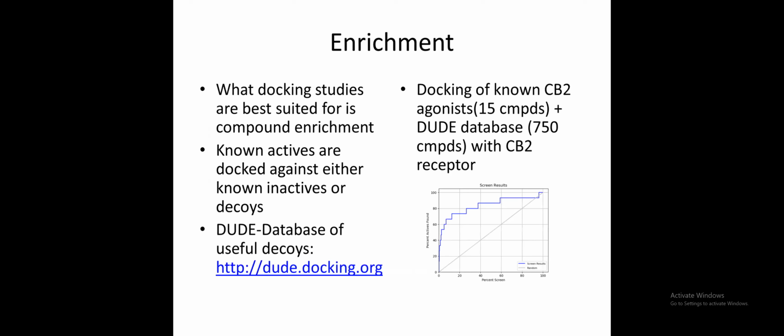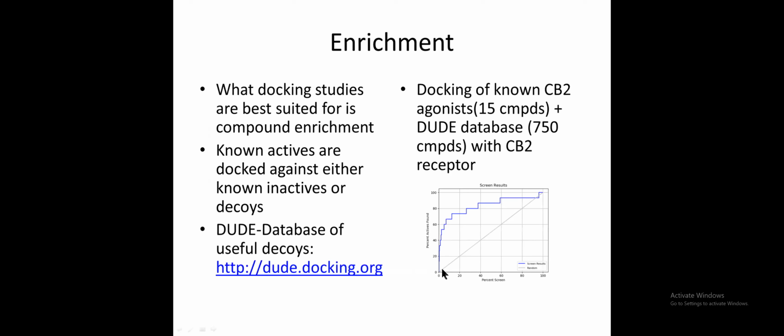So this is some of our results from 15 known cannabinoid 2 agonists plus 750 DUD-E compounds and their ability to interact with the CB2 receptor. And there's a whole variety of ways of looking at this, but just to simplify this, this is an enrichment plot.